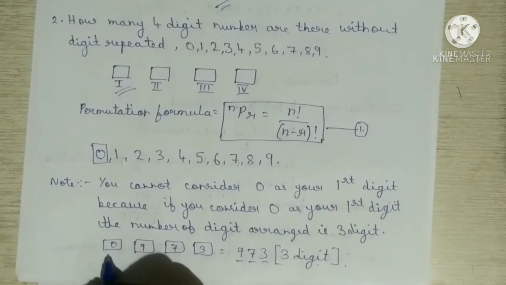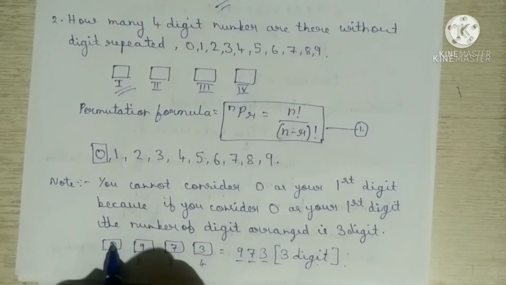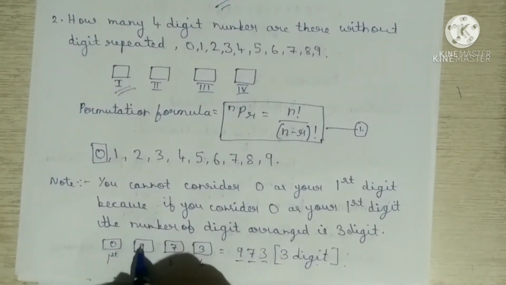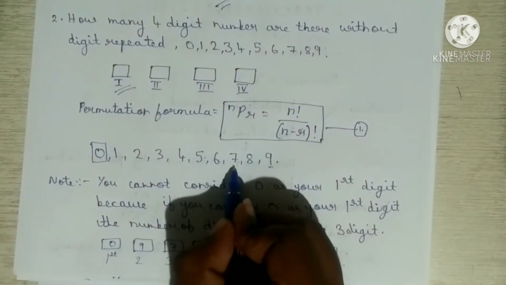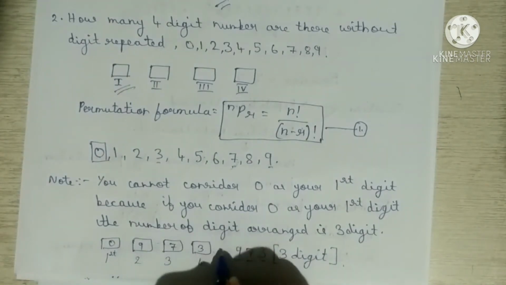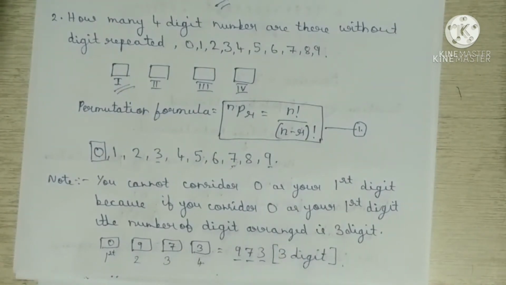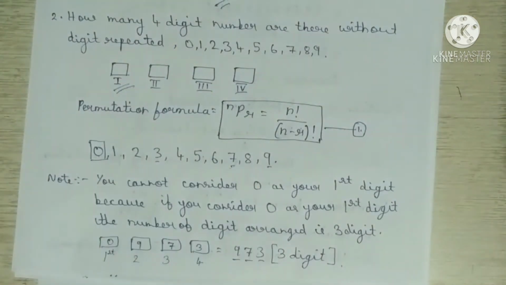For example, if this is the first column, this is the second, third, fourth, and you consider 0 as your first digit, then second is 9, third is 7, fourth is 3, this result will be 973, a 3-digit number. But you need to find a 4-digit number.